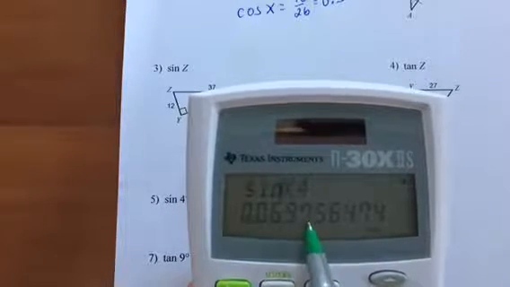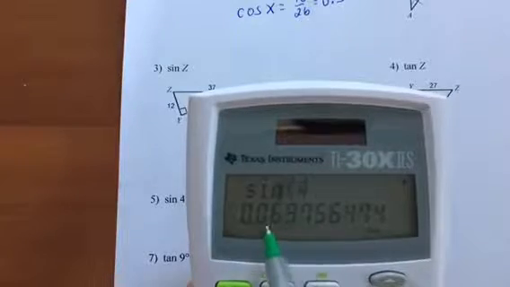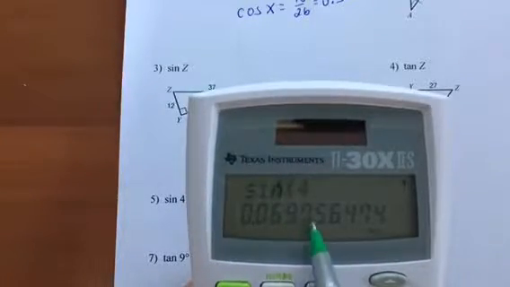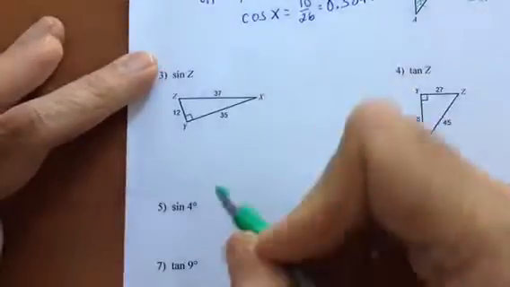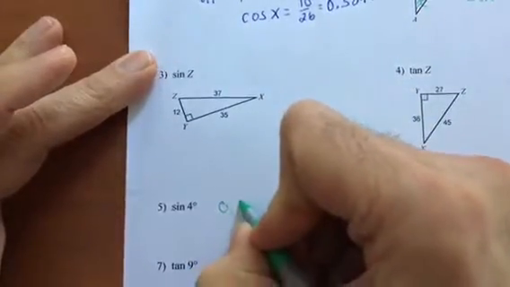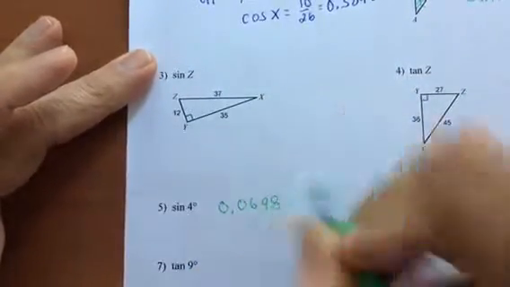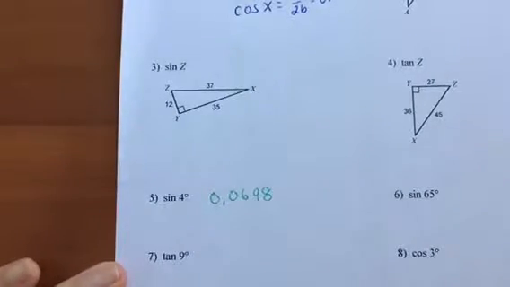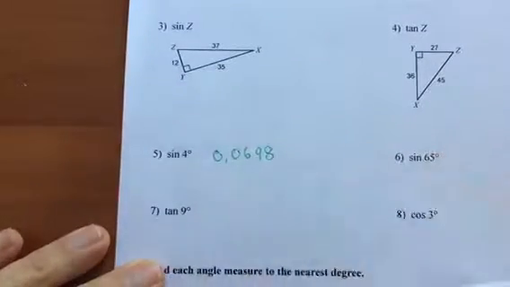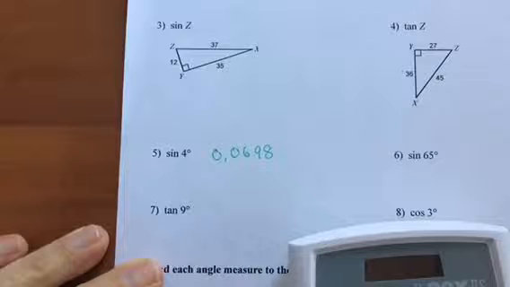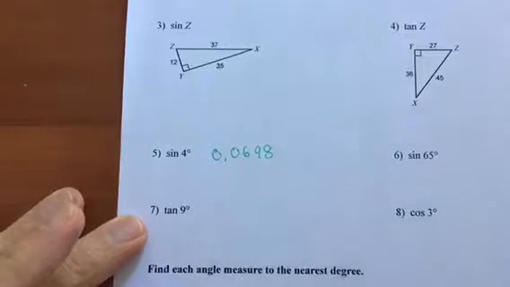This 7 turns into an 8 because the 5 is big enough. So 0.0698. For these three, all you're doing is typing in a calculator. I'll show you something interesting about that.